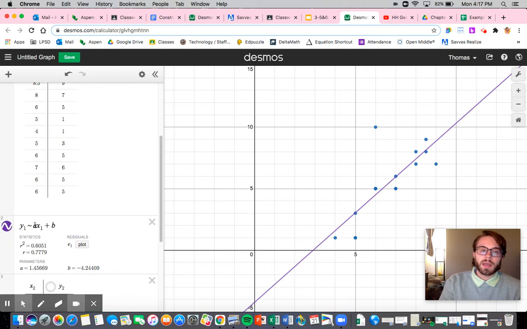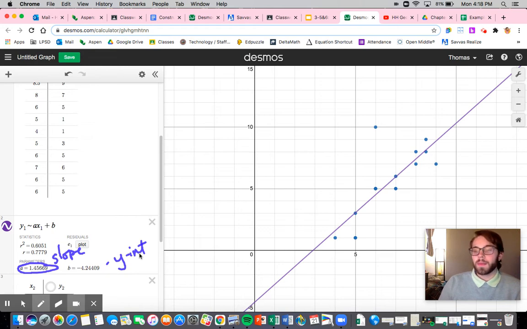So A is, again, if you were to draw a line, A would be your slope. Then we have B, and this is going to be your y-intercept. All right, so that's all that we've gotten. We've got a lot of information here, and this is just if we were to try and graph our line, right?